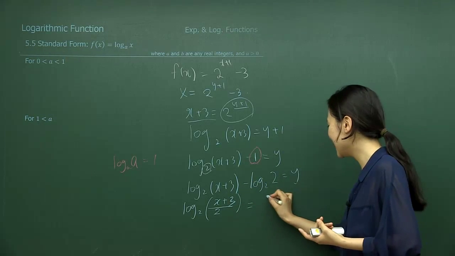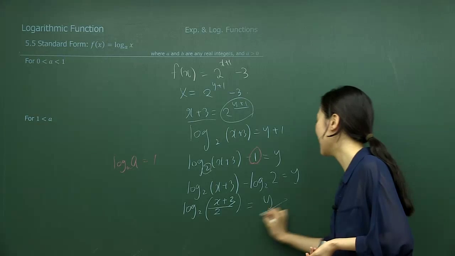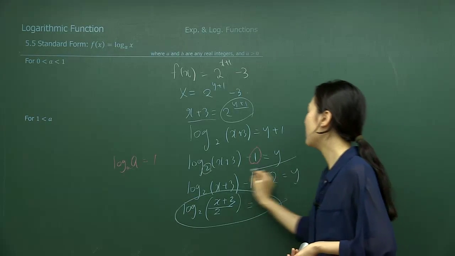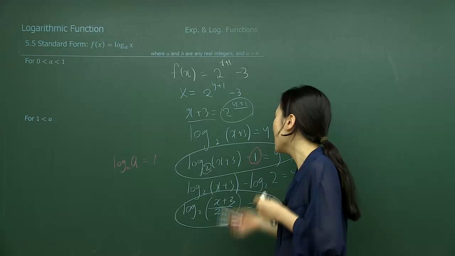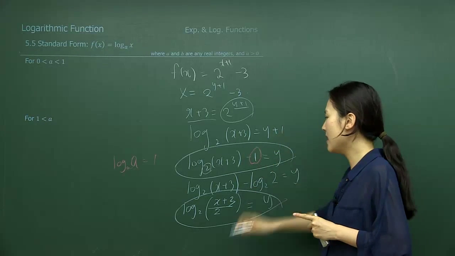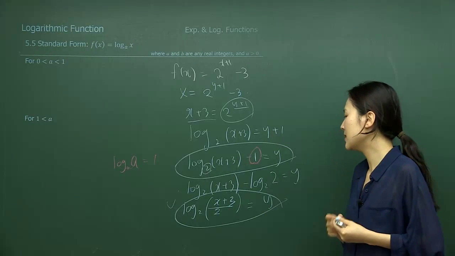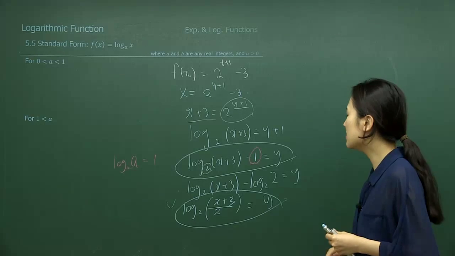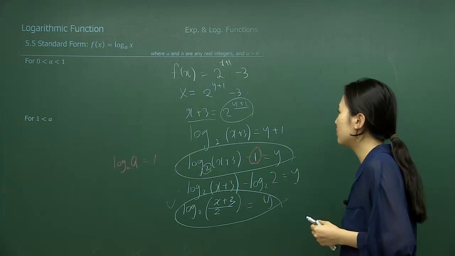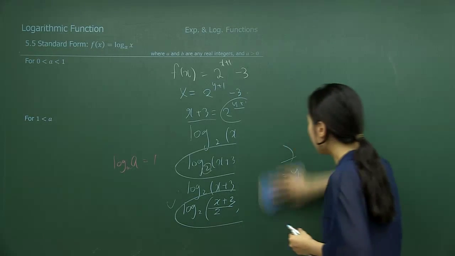Isn't that interesting, guys? It's really interesting, right? So you may write this as an answer, but if you're looking for a multiple choice answer, and if you don't see this, then you may use a property and convert this into that. Okay? So please always remember the properties that you can use.